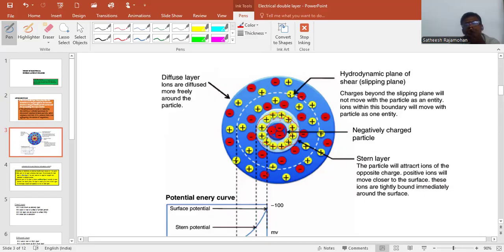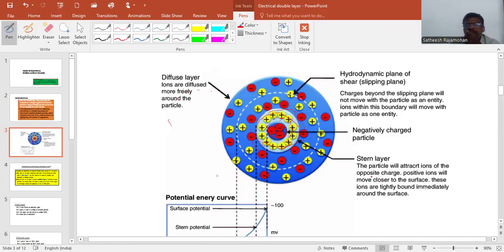This stationary layer is surrounded by one more layer from the liquid, called the diffused layer. In the diffused layer, ions are diffused more freely around the particle. They move freely, so there is no restriction in the diffuse layer.